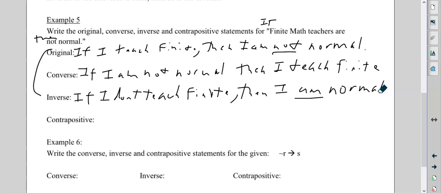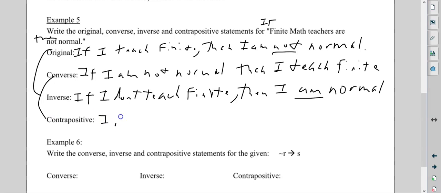The contrapositive, remember, takes the converse and negates them both. If I'm not normal, oh no, sorry, I'm negating, remember? So if I'm not normal is being negated.